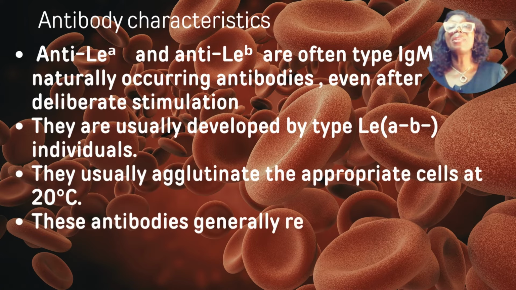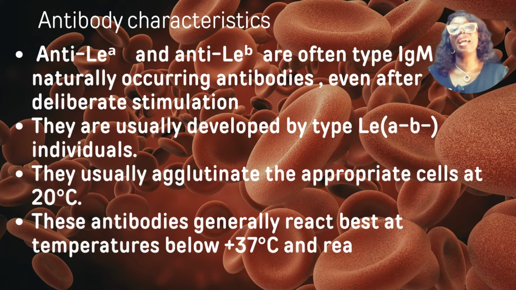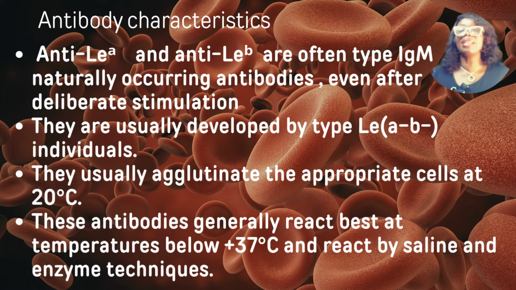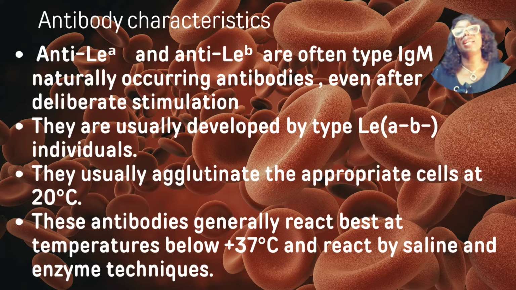They usually agglutinate the appropriate red cells at 20 degrees Celsius. Because they are IgM antibodies, they are cold antibodies and they react best at room temperature. These antibodies generally react best at temperatures below 37 degrees Celsius, and react by saline and enzyme technique.